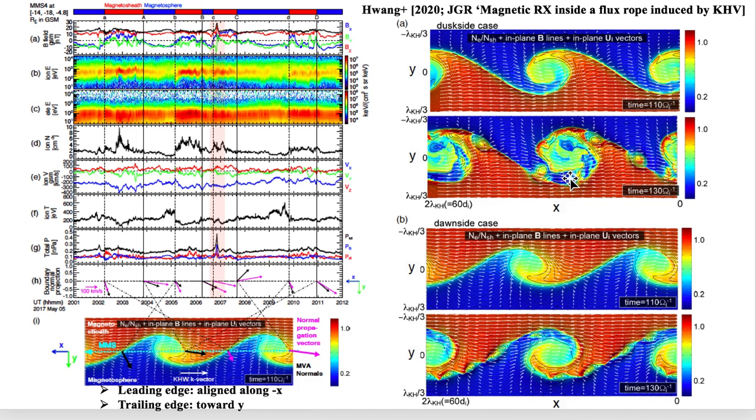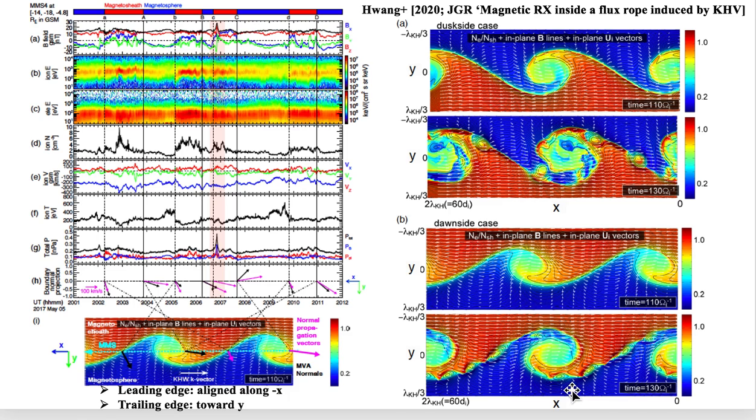Here the right panels show 2.5D PIC simulations of a KH vortex developed along the dusk flank in panel A and the dawn flank in panel B under northward IMF. The color coded is the electron density normalized by the initial magnetosheath value. In both cases, the vortex-induced reconnection occurs at multiple points along the thin vortex boundary, the vortex edge layer, leading to the formation of flux loops.